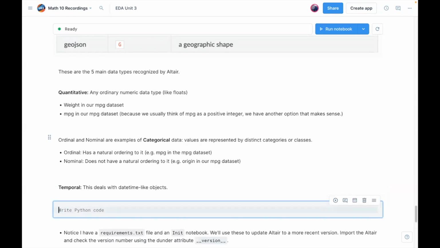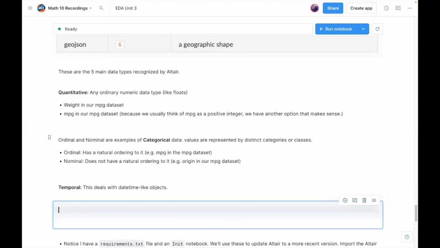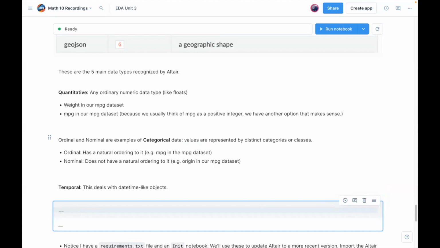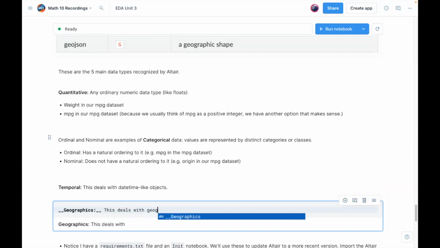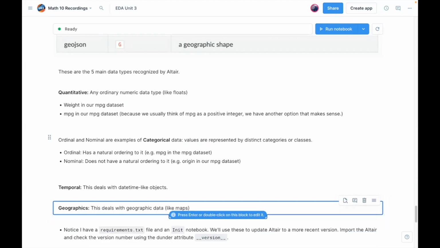The last one is geographic data, which deals with things like maps. I don't think this has ever been done in one of our Math 10 classes, but it could be something you look into during your final project if you're interested.